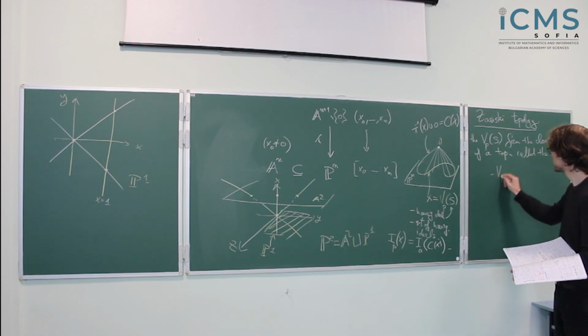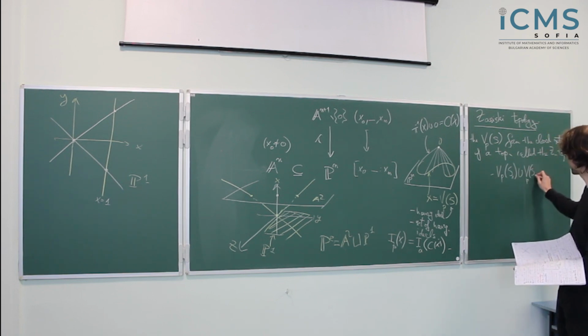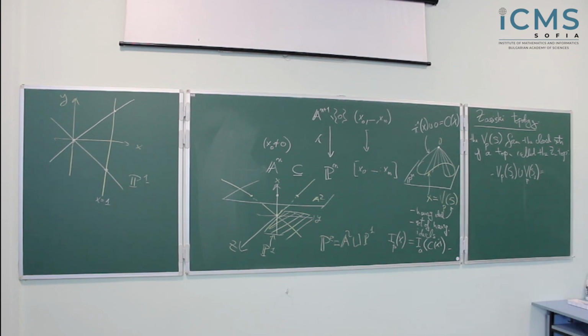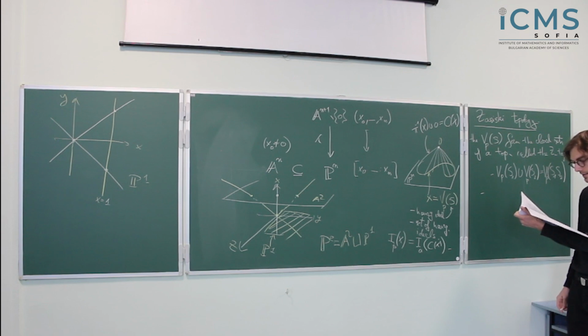We want them to be closed under finite unions. So if I take the union of just two of them, I just take the product, and this will give me the union. Remember that if these are just sets of homogeneous polynomials, their products will also be homogeneous. So there's no real problem.